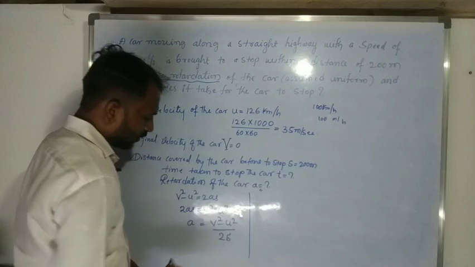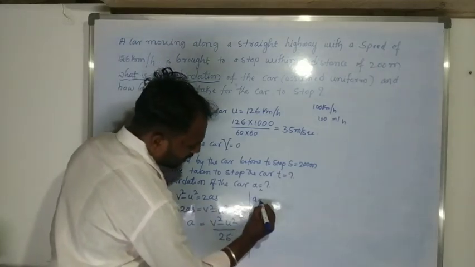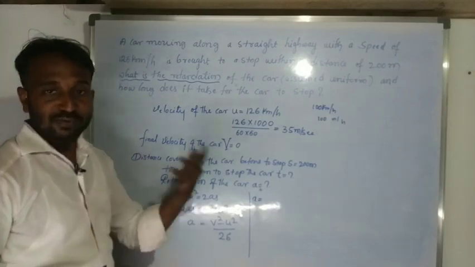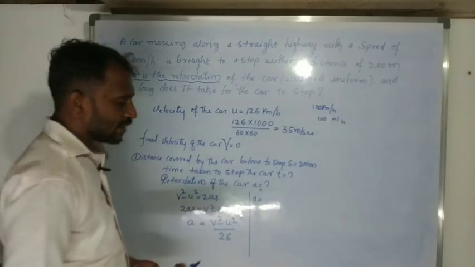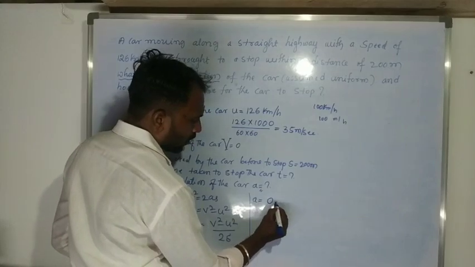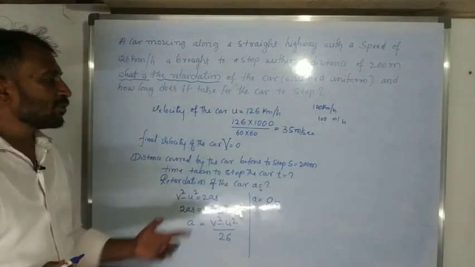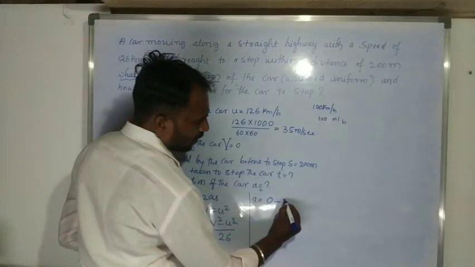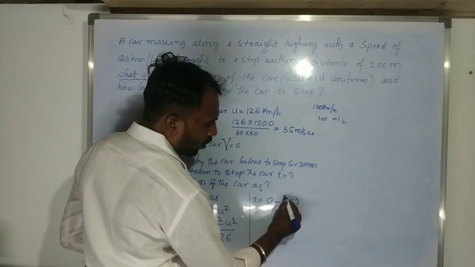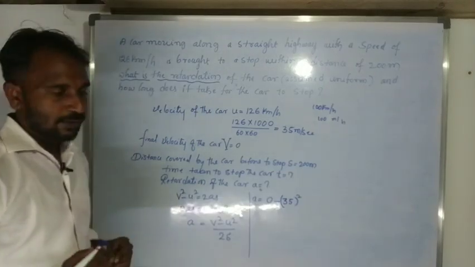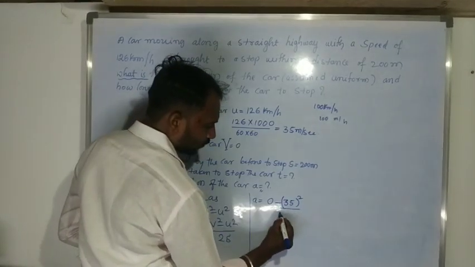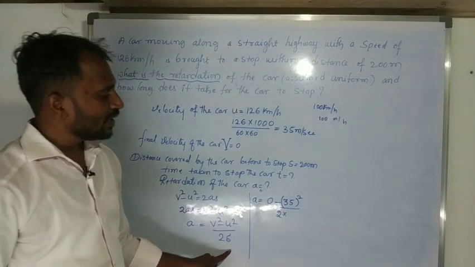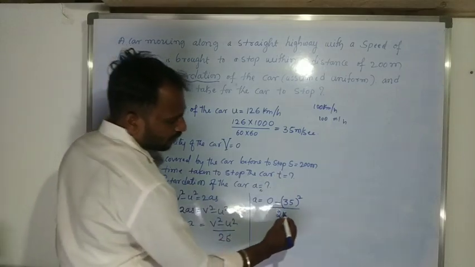So acceleration, it means retardation, a is equal to the final velocity of the car. Final velocity, it comes to rest position, it means its velocity is 0, minus u square. u means initial velocity. Initial velocity is 35 meter per second, so 35 whole square, divided by 2s. s means the distance, that is 200 meter.